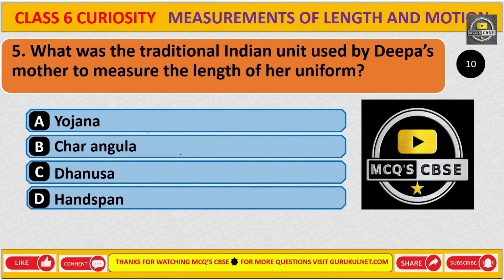What was the traditional Indian unit used by Deepa's mother to measure the length of her uniform? And the correct answer is B, 4 angula.